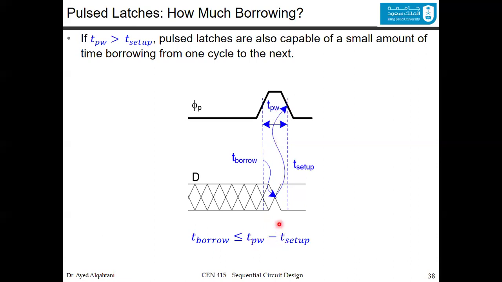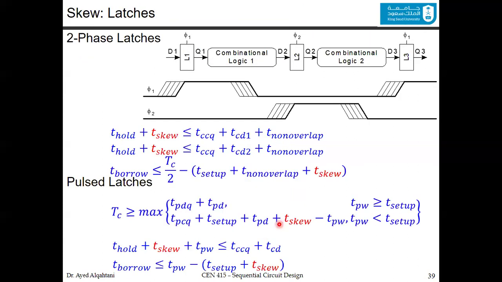Now, after we discuss the cycle time, the holding time and the time borrowing for both the two-phase latches and the pulse latches, we will see what will happen with them when you add the skew in all of them. So for all the latches, whether they are two-phase latches or pulse latches, what will happen with this skew?